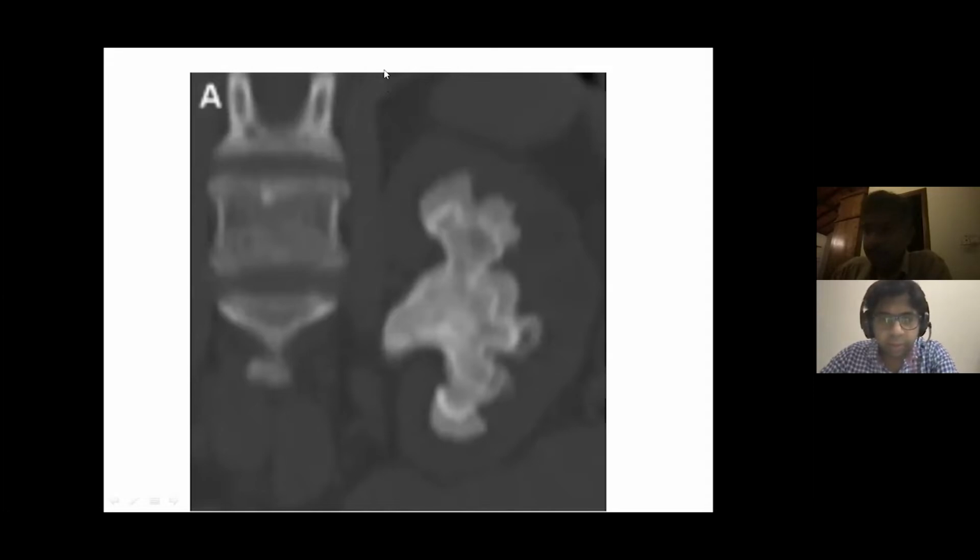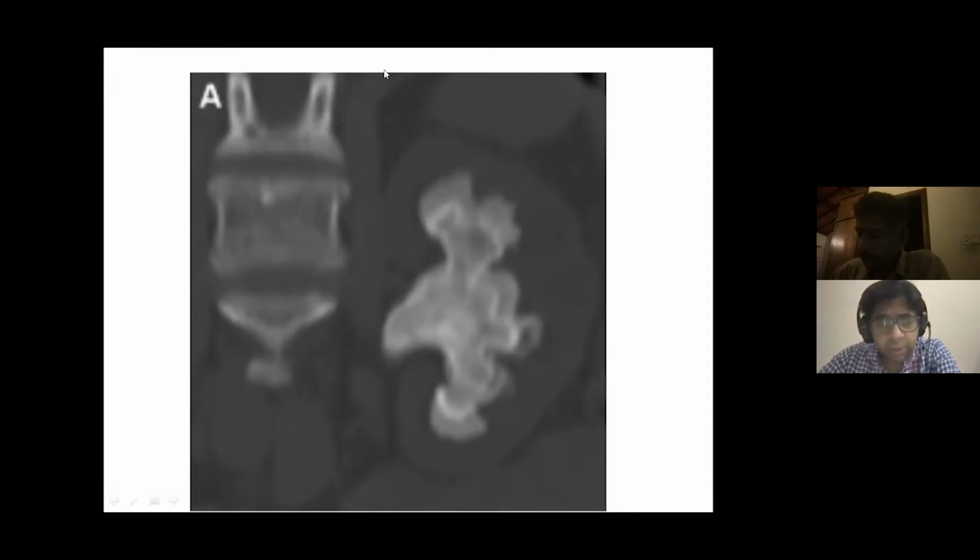Staghorn calculi, because it's extending to all the calyceal system as well as the pelvis; the stone is encasing them. So because of that, it's a Staghorn calculi. The commonest cause for Staghorn calculi is infection.